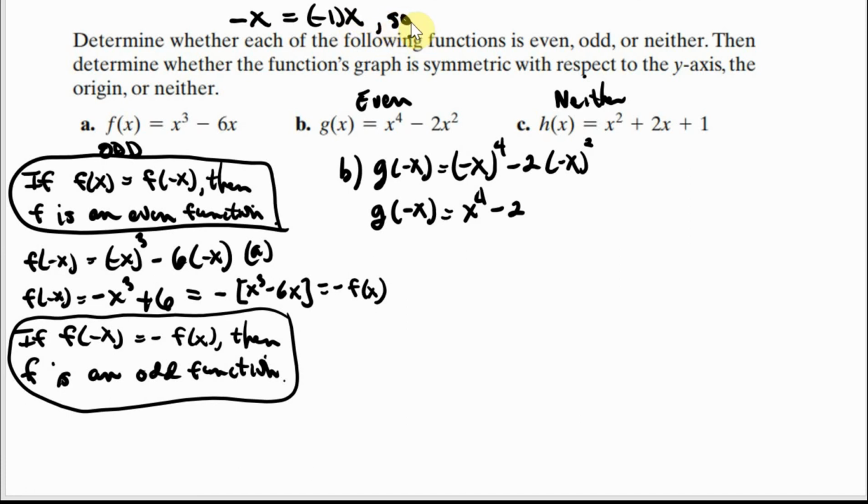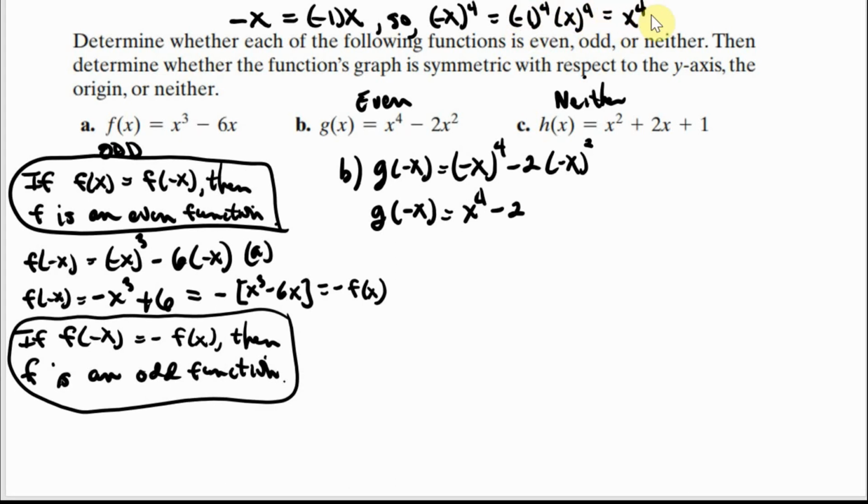So if I have negative x to the fourth, that's the same thing as saying negative 1 to the fourth times x to the fourth. I just get x to the fourth. Anytime I raise a negative to an even power, it's going to be positive.